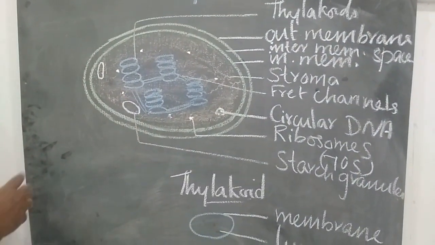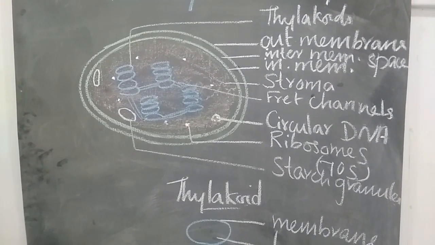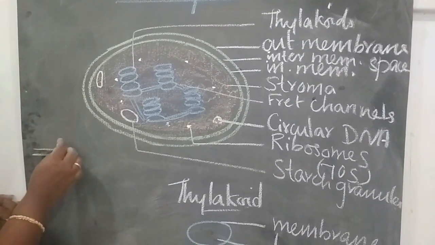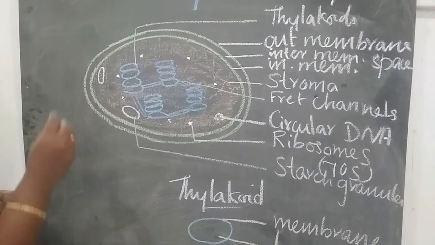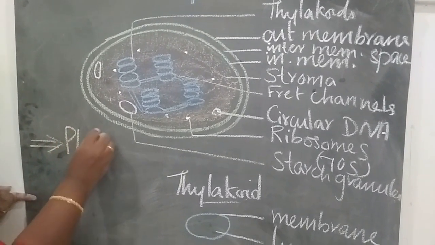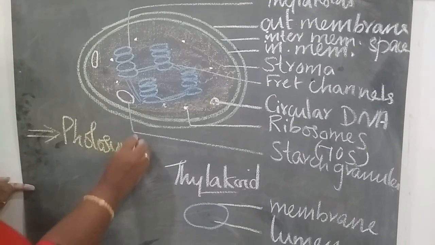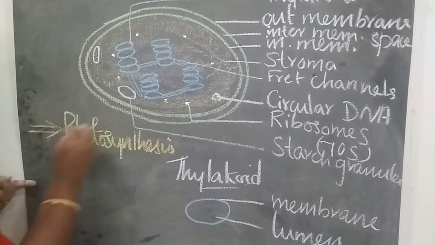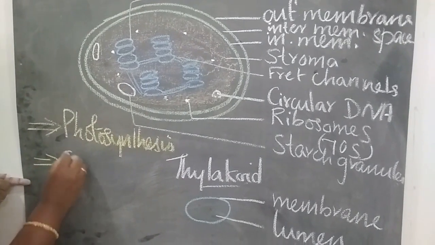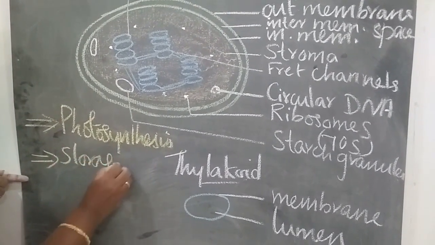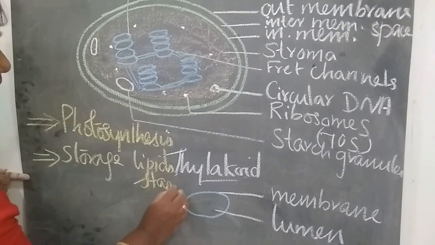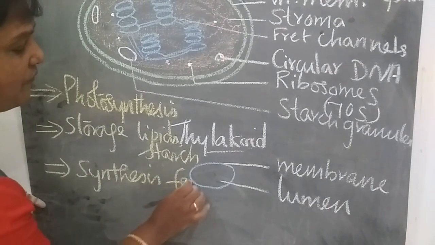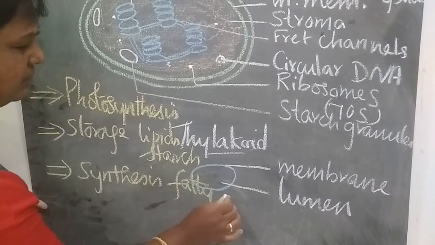Now coming to the functions of the chloroplast. What's the main function? Photosynthesis. Then it is helpful for the storage of lipids and starch.